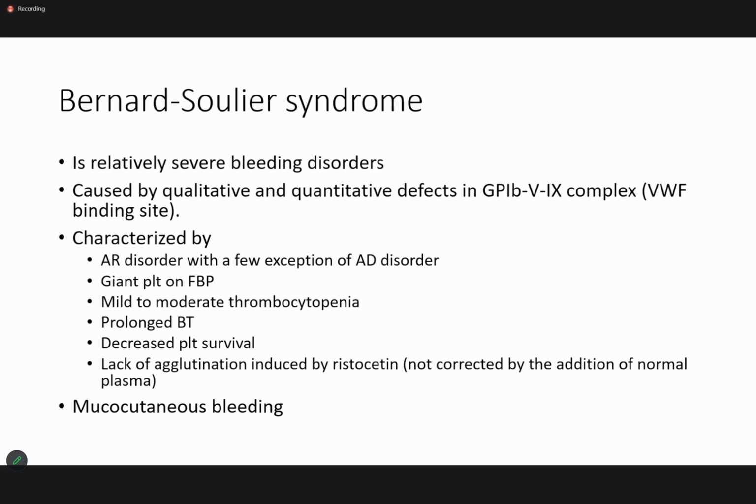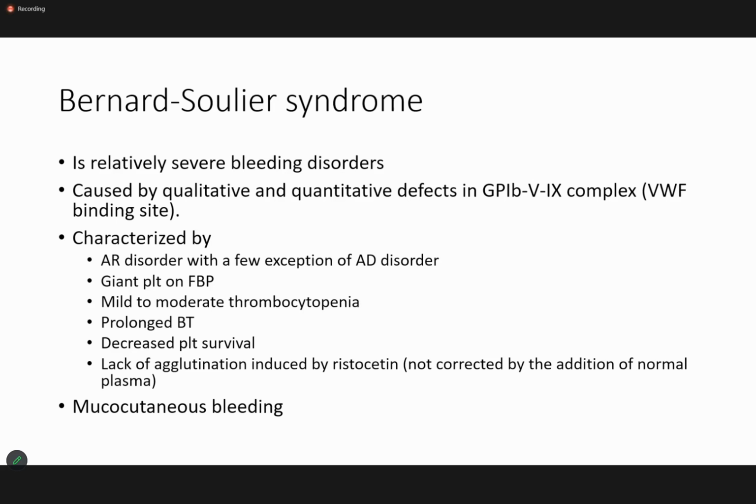Okay, and patients with this problem usually have giant platelets on the film. You can also see that these patients may have mild to moderate thrombocytopenia, and at the same time they will have a prolonged bleeding time. Patients with this problem have a decreased platelet survival.